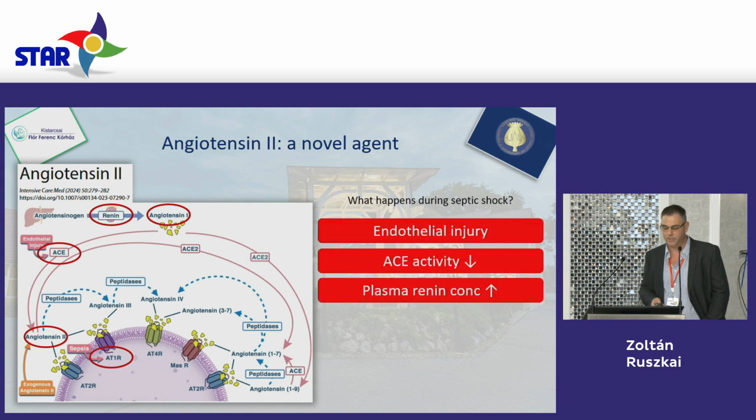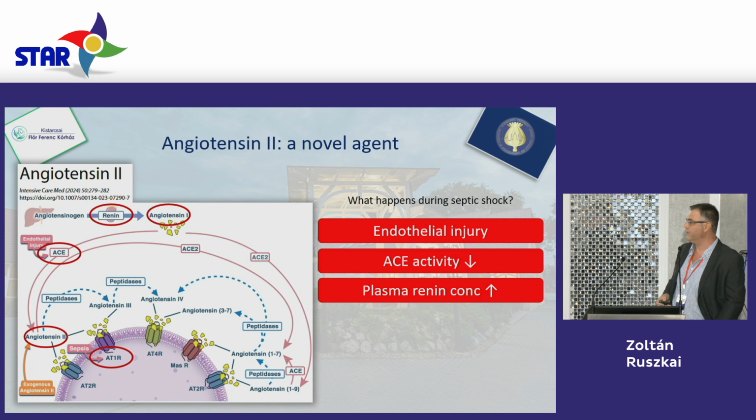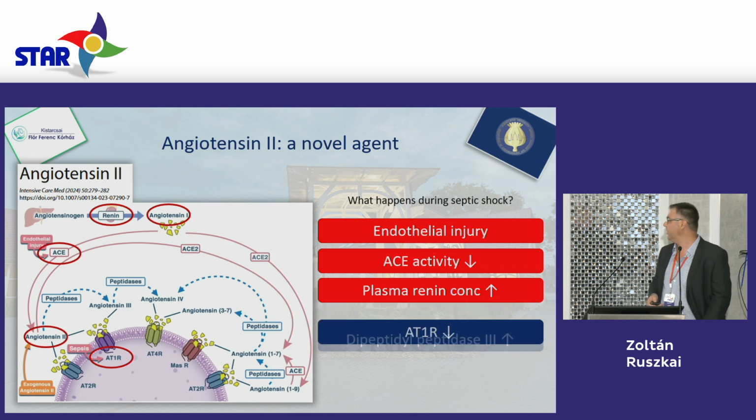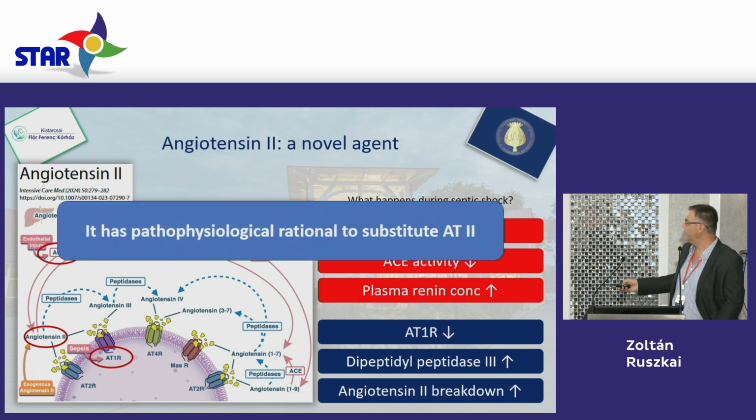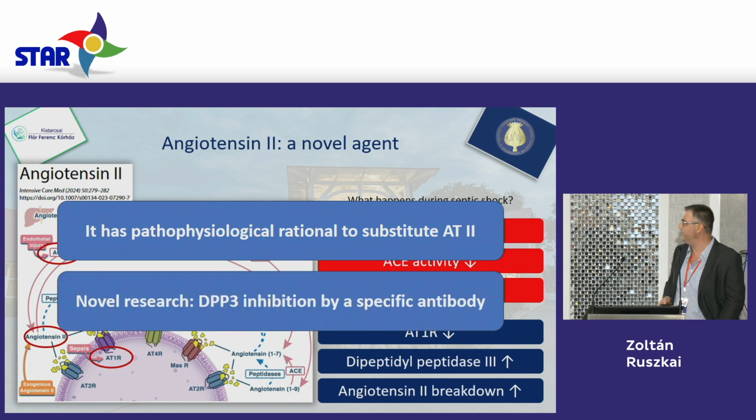Due to the endothelial injury, the activity of the converting enzyme decreases, plasma renin concentration increases, and moreover, the type 1 receptor is downregulated, and this is the DPP3 enzyme that enhances angiotensin II breakdown. So it has pathophysiological rationale to substitute angiotensin II in these patients, and this is a novel research.